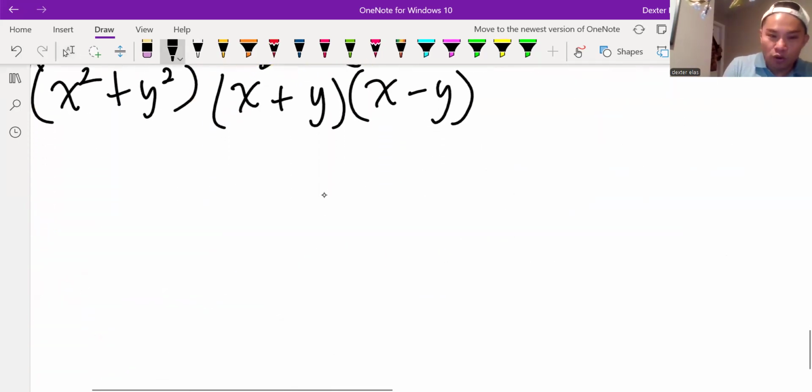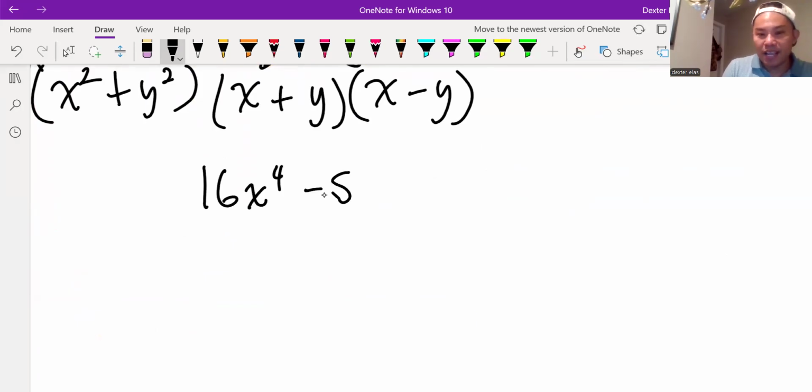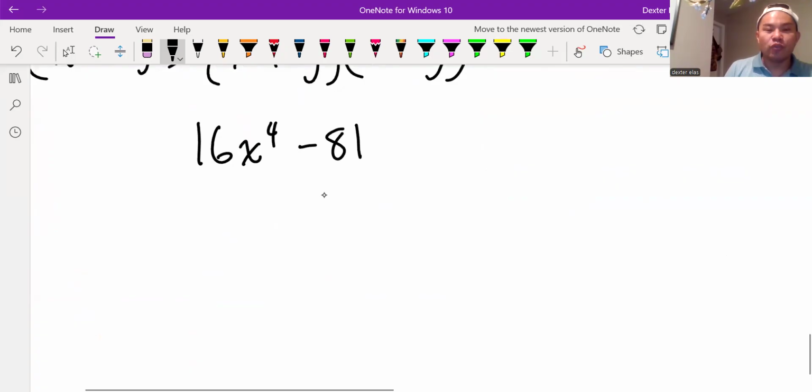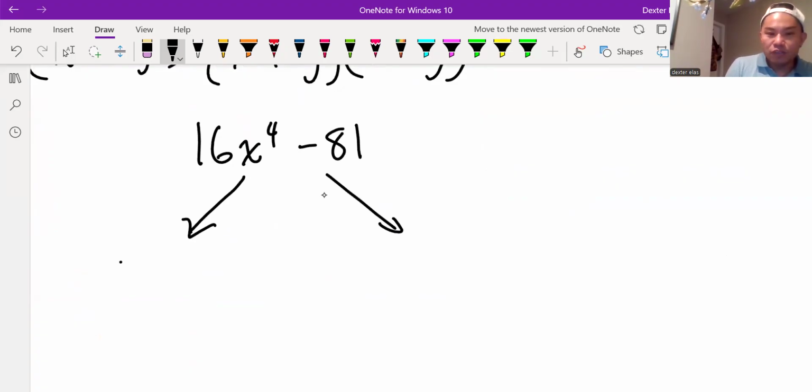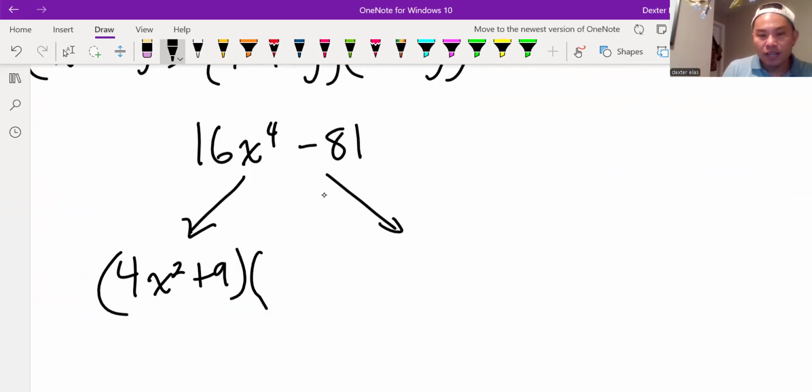Let's go ahead and go all the way with it at 16x to the fourth minus 81. And the reason why it's a double difference is because we square root the first term, and that gives us 4x squared plus 9. And this is going to give me 4x squared minus 9.